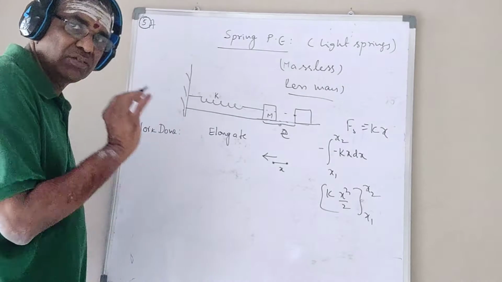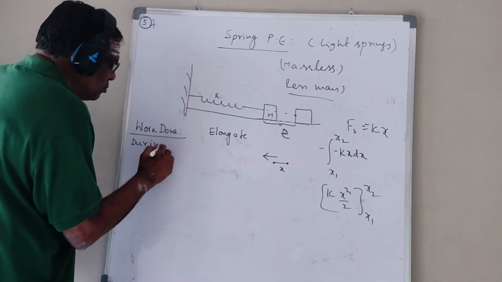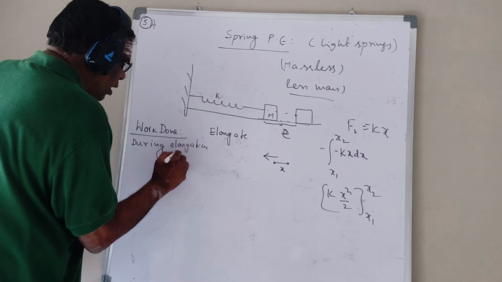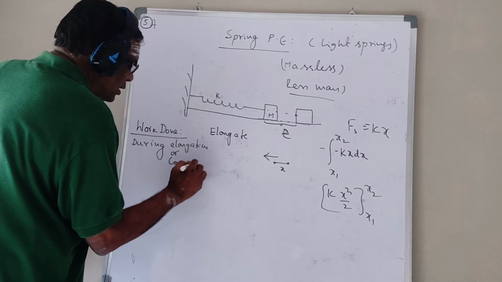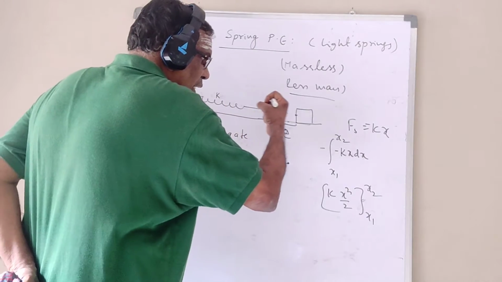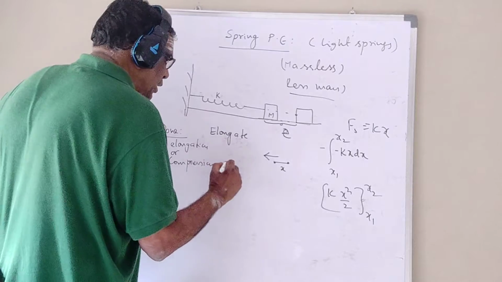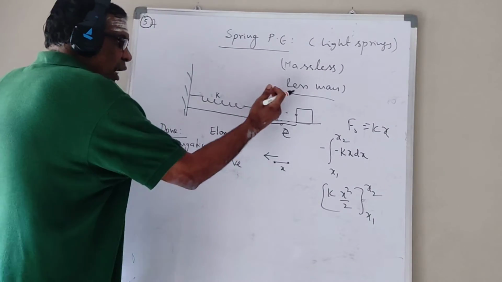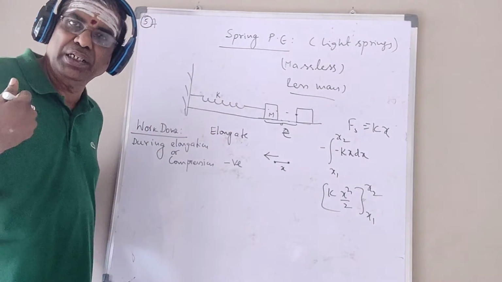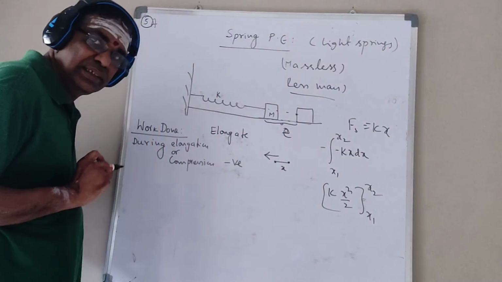Work done in the case of spring during elongation or compression: as long as I am elongating it, work done by spring is negative. As long as I am compressing it, force is like this, displacement is opposite. The work done is negative. So here also negative. Both the cases it is negative.